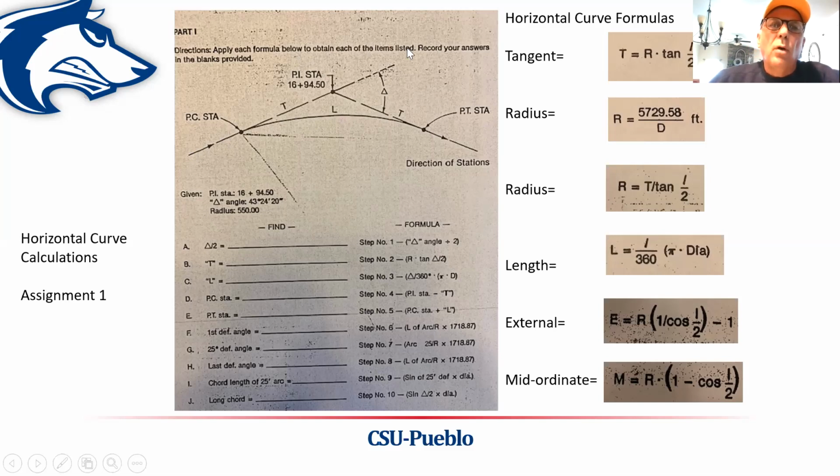In order to solve any horizontal curve, we need at least two pieces of information about that curve that come from some of the elements that are in the field. In this situation, we have been given two very important pieces of information, one being the delta, or central angle, or this angle right here that you see, deflection angle.